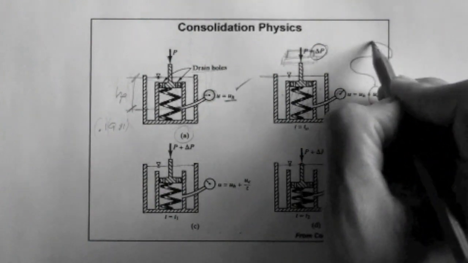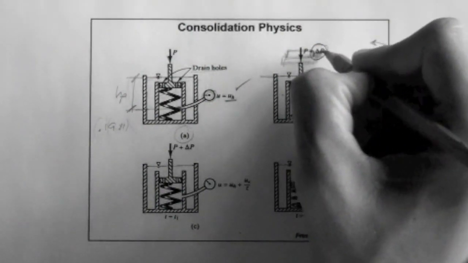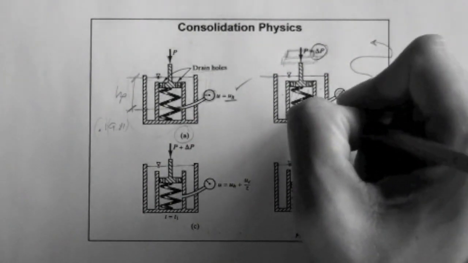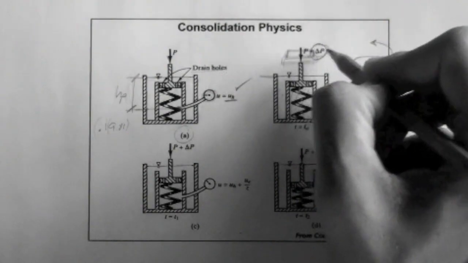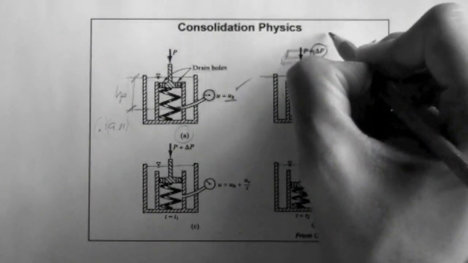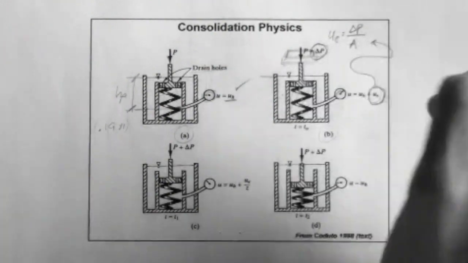How would you calculate it? Well, if you added delta P, which is a force, and a pressure was registered as a consequence of that force, then the pressure is equal to that force divided by the area of the piston, the cross-sectional area.